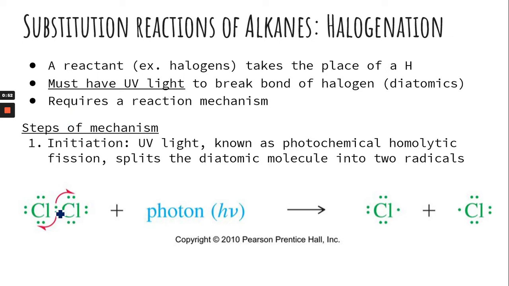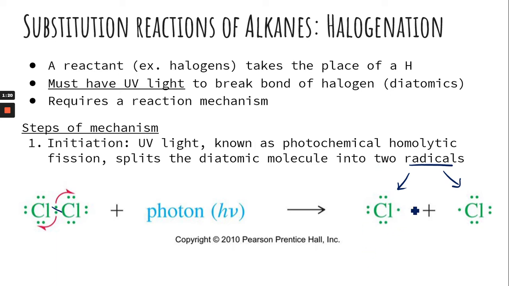So that bond that the chlorine is sharing here is going to split, and one electron will go with one chlorine atom and the other electron will go with the other chlorine atom, so that we get what is called a radical. And so these are radicals. All right, they are atoms that contain a single electron. So radical just means it has an unpaired electron.